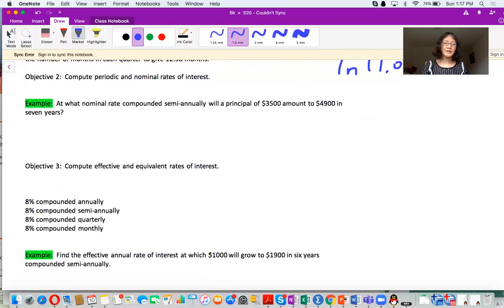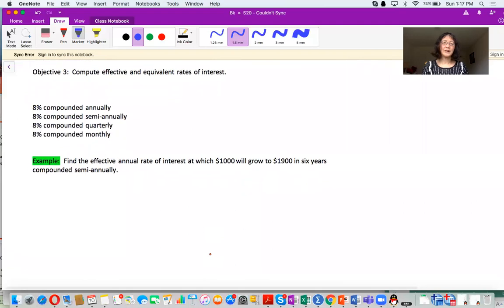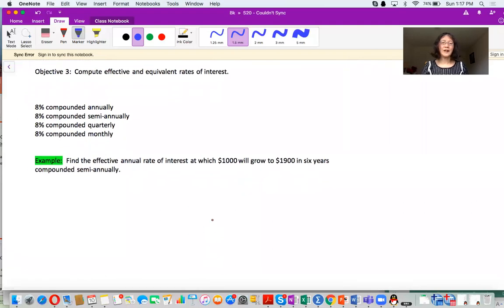Maybe I will jump to the next one here. Objective 3, compute effective and equivalent rates of interest. If you have 8% compounded annually, the effective rate is just 8%.